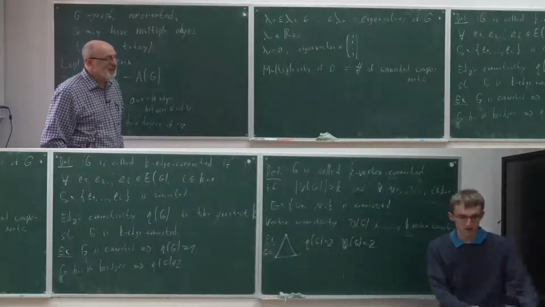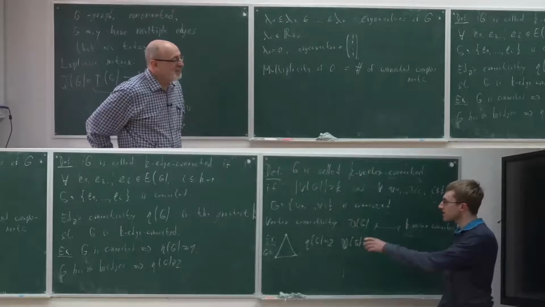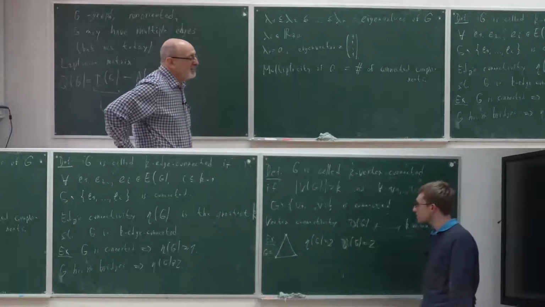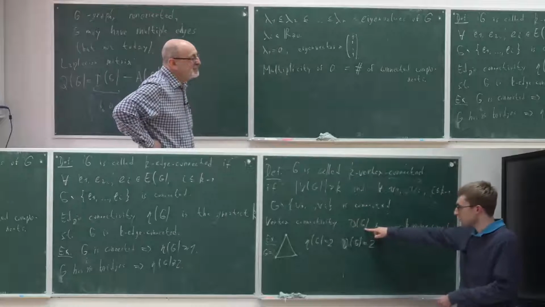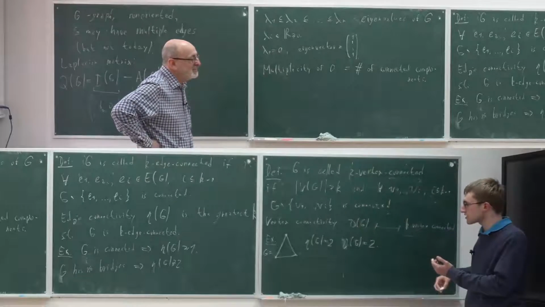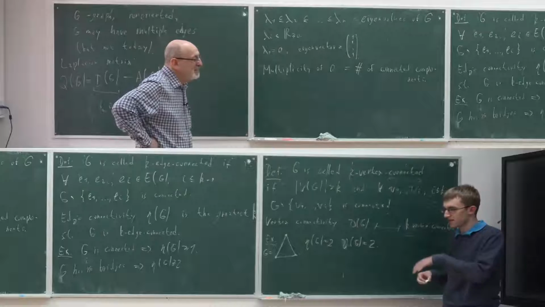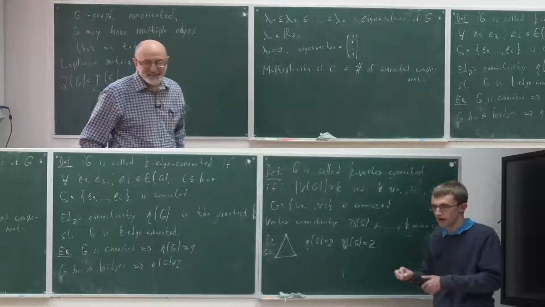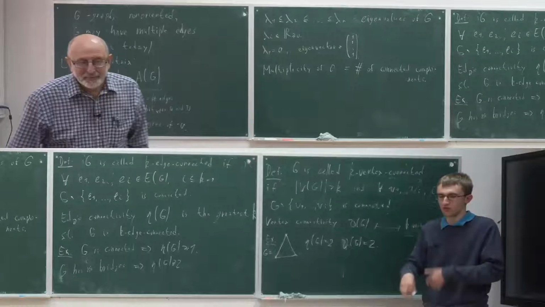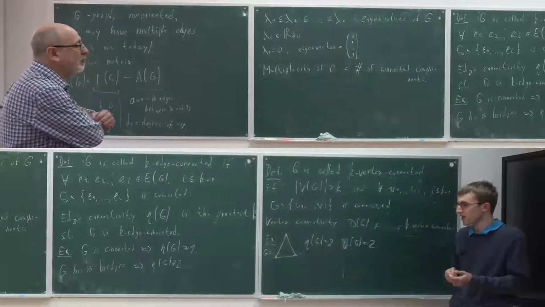It indeed makes sense, because we can say that this invariant, vertex connectivity, is also the least number of vertices that we can remove in order to make the graph not connected.